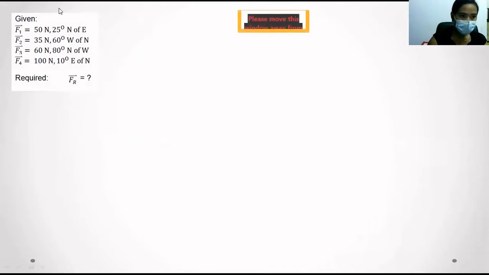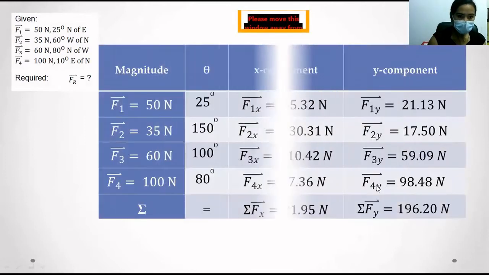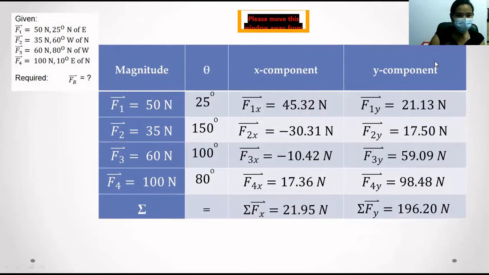Okay, so these are the given quantities. Now we need to construct a table. So this table shows the x and y components of our forces. So our force number 1 is 15 newtons, 25 degrees north of east.